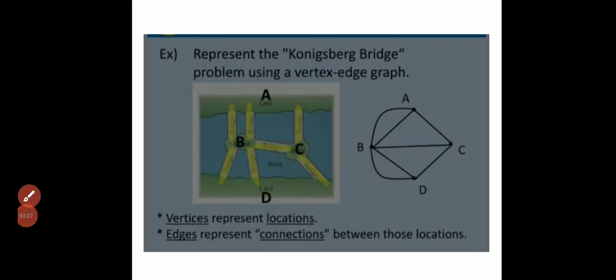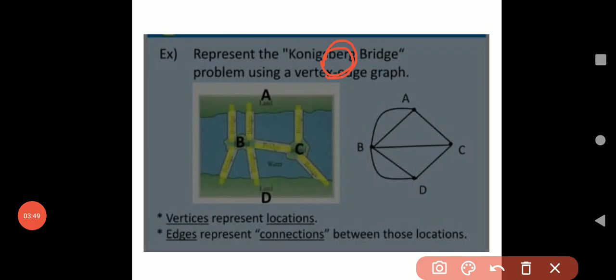Next, this is the Königsberg bridge problem. This Königsberg bridge problem was an old puzzle concerning the possibility of finding a path. Königsberg is a German city; now the city is in Russia. In this image, we have the inner city of Königsberg with the river Pregel.